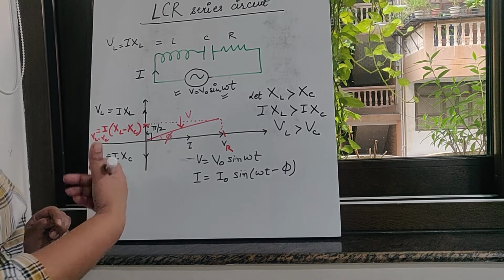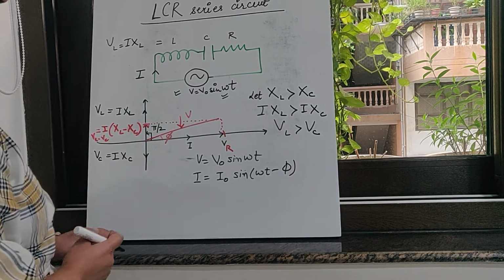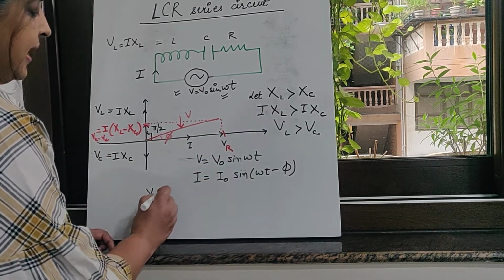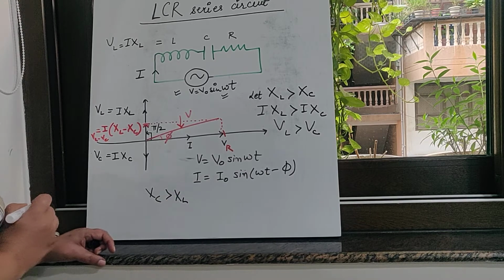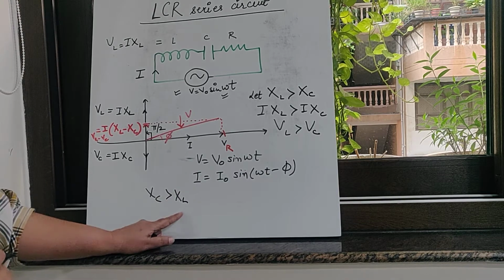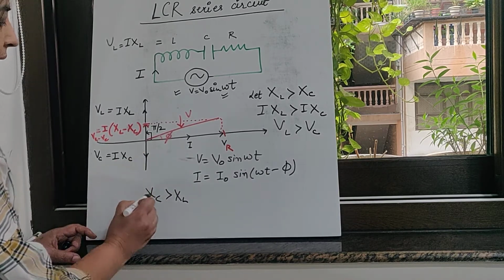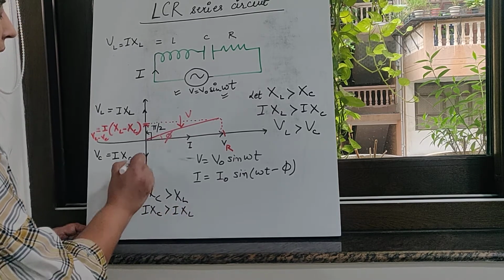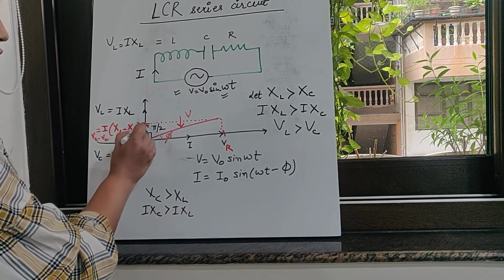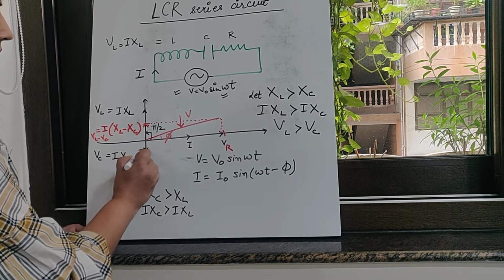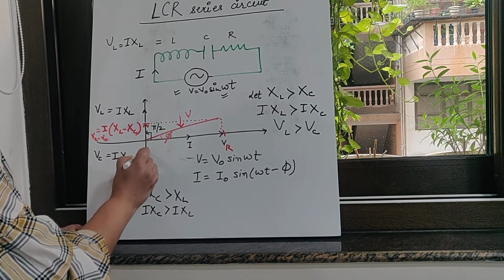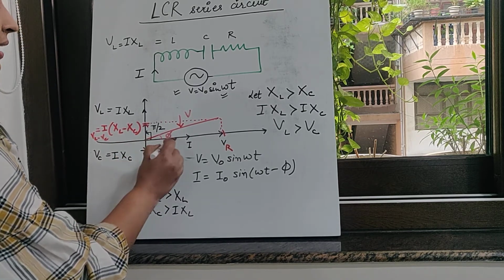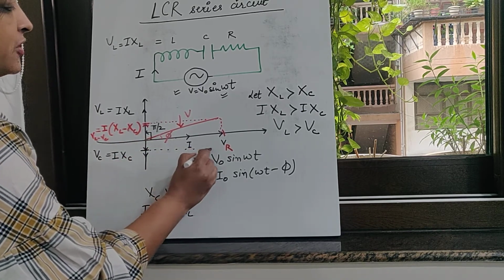But you can also consider another case in which we assume XC is greater than XL. If this is the condition, then obviously I into XC will be greater than I into XL, and instead of the vector over here, I will get a resultant vector in this direction, and in this case the current will be leading the voltage.